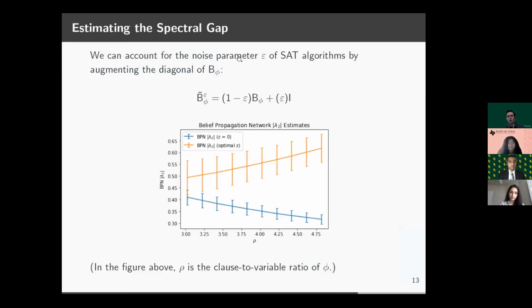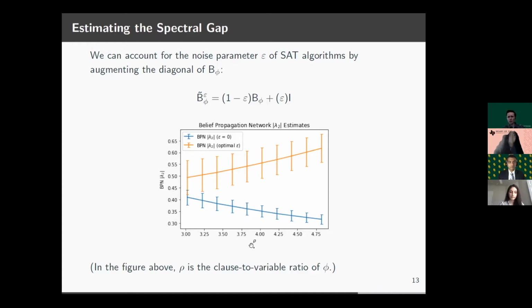We can account for the noise parameter of these different stochastic algorithms by augmenting the diagonal of this BPN matrix. And we can plot the principal eigenvalue, the first non-unit eigenvalue, and how it varies with the clause to variable ratio of a problem.